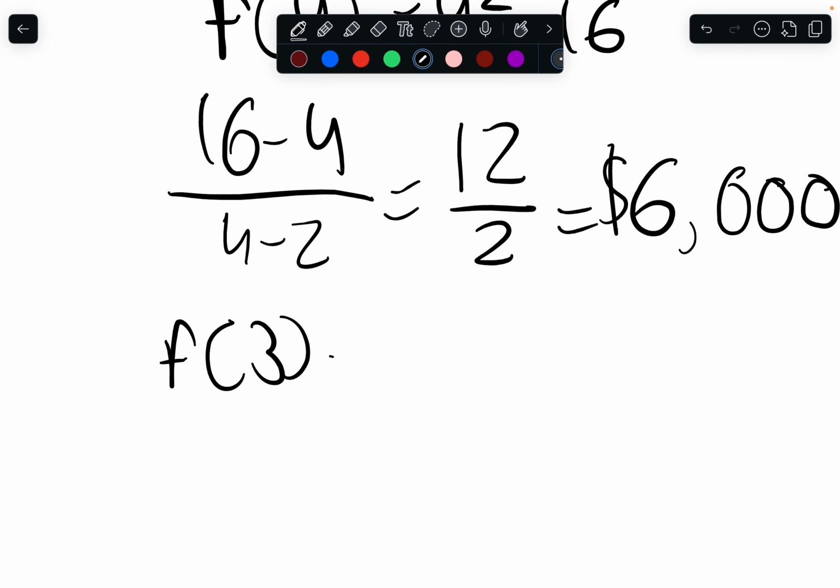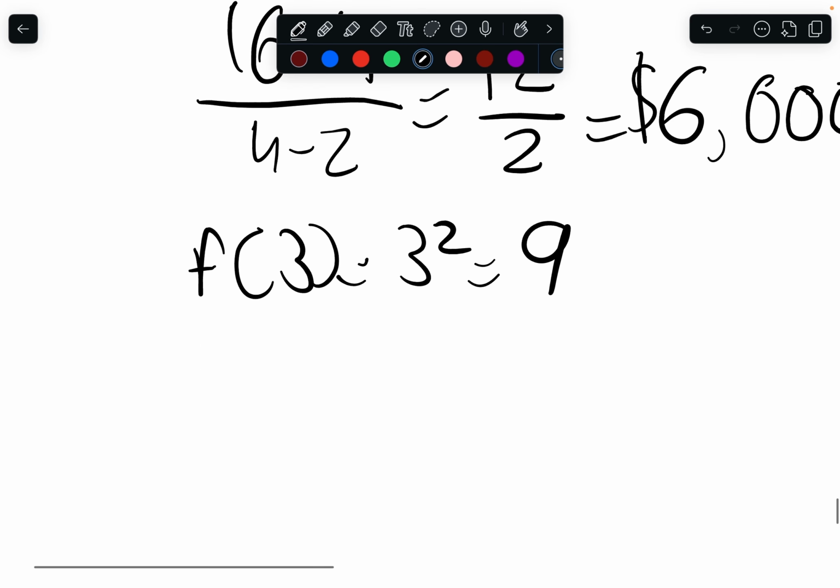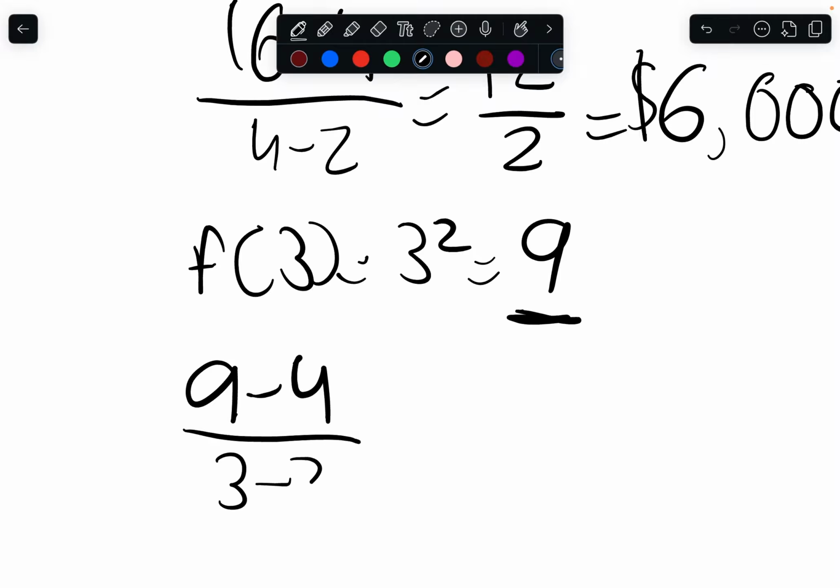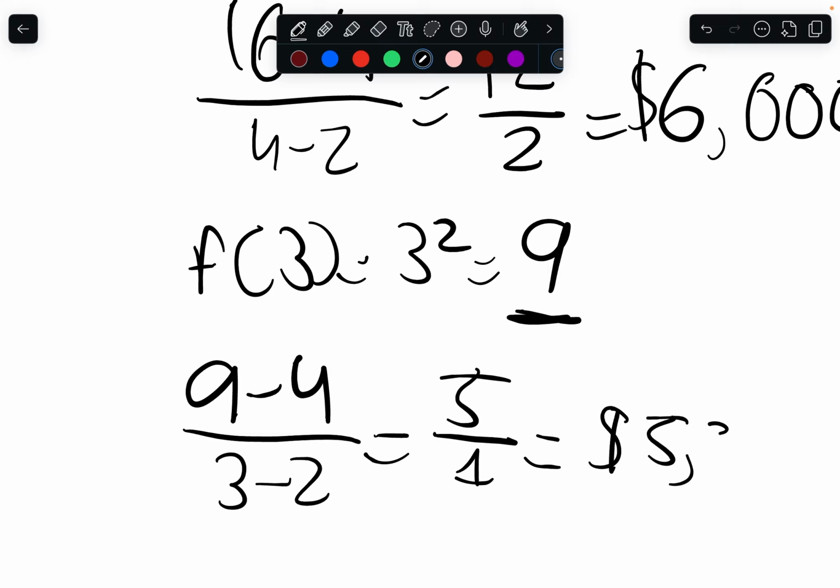Let's use 3 hours. That's just 3 squared, which is equal to 9. Okay, now let's plug in our change. That's just going to be 9 minus 4 over the amount of time that's passed, 3 minus 2. This is 5 over 1. It's equal to 5 grand.